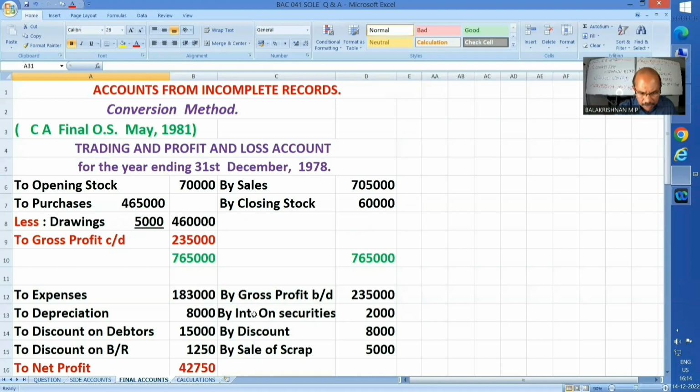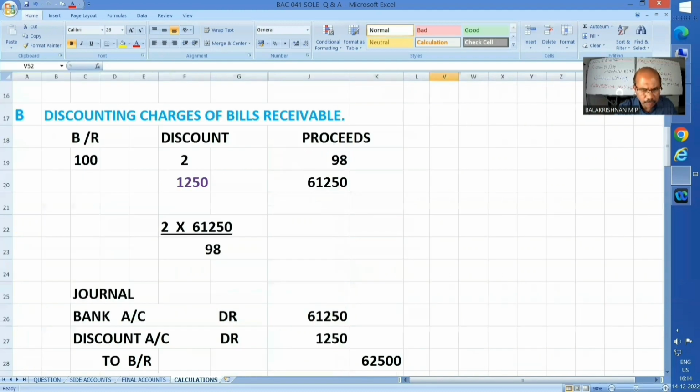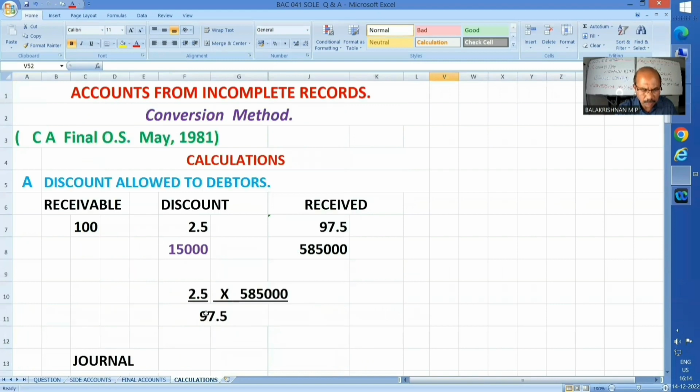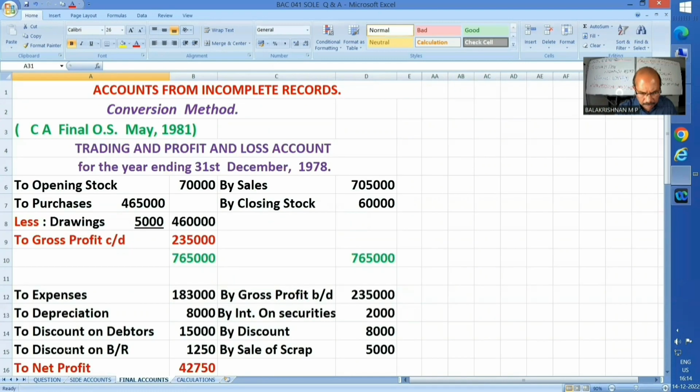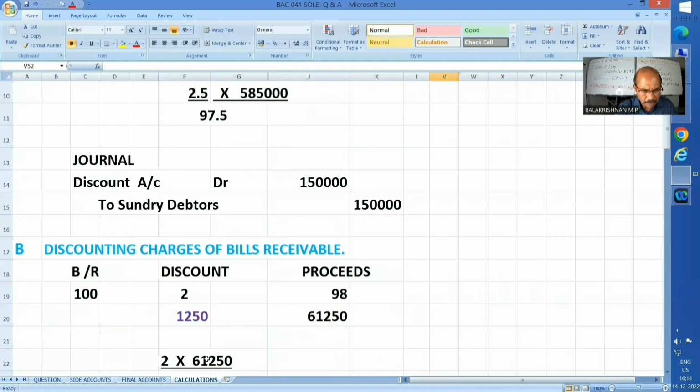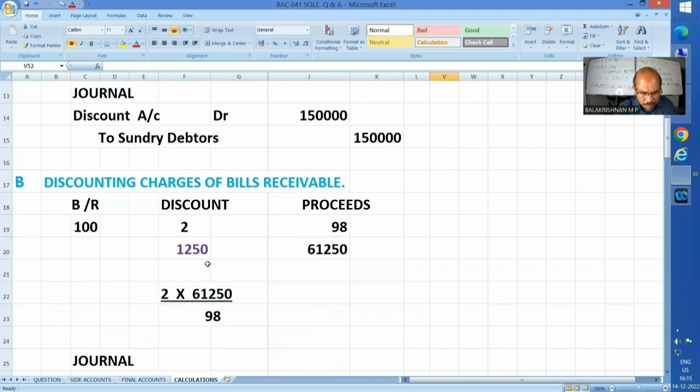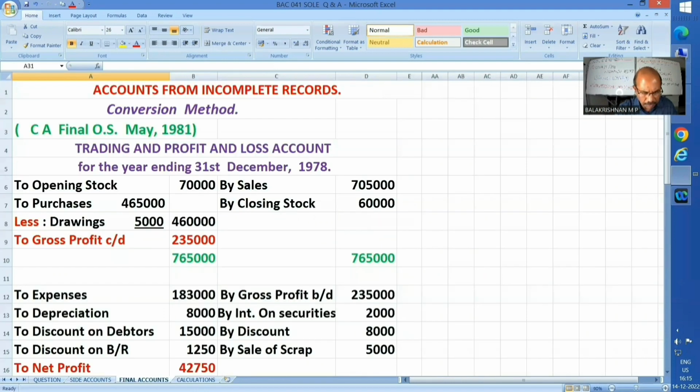Now all this interest on securities, discount on debtors, discount on bills receivable, we had worked out and we got the amount 15,000. Discount on debtors, 15,000. Next, discount charges on bills receivable, 1,250.